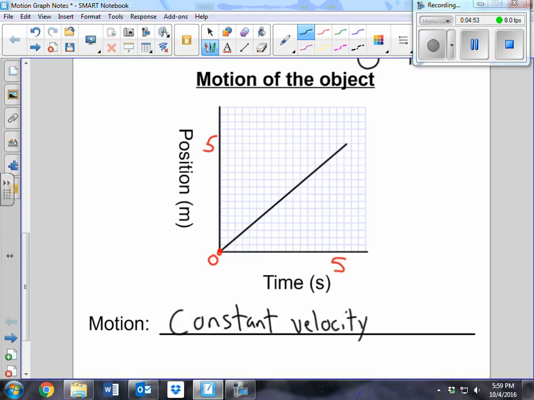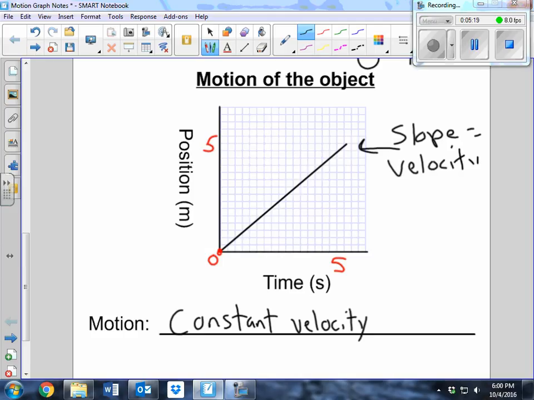The reason why I can say velocity is because the slope is in the positive direction. The number is positive, so that's my direction. My direction is in the positive or to the right, and we can see that because it's a positive slope. So once again, the slope tells us velocity.